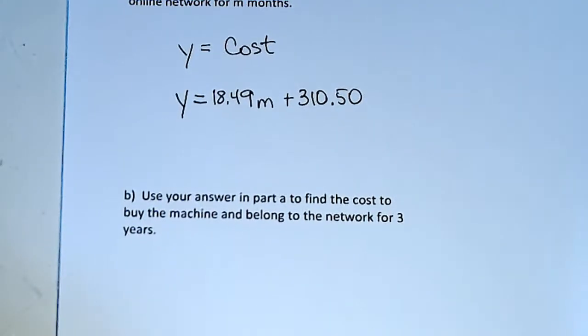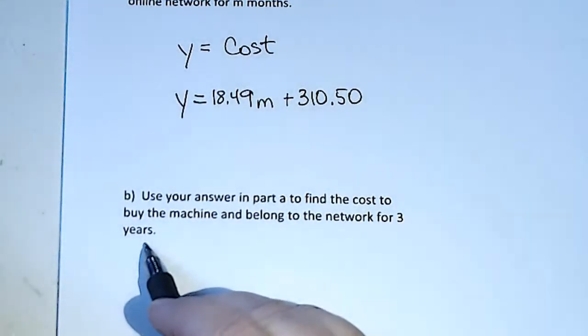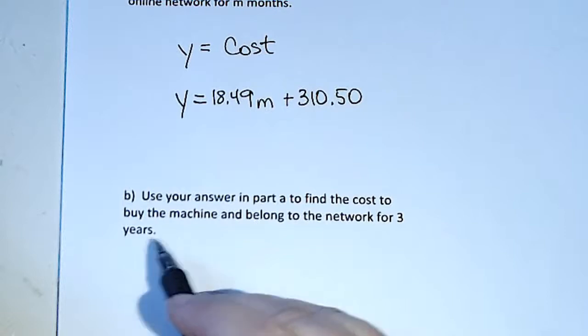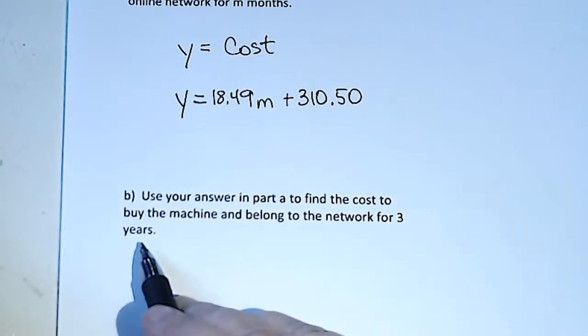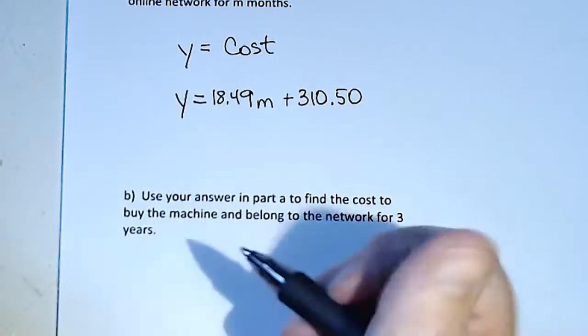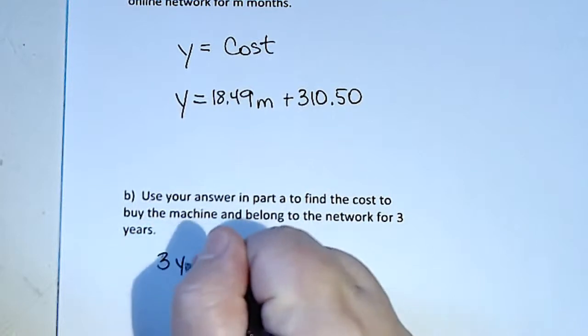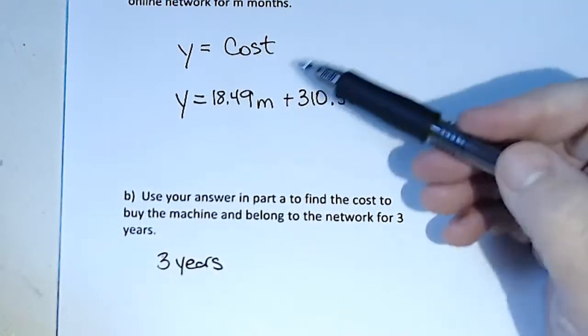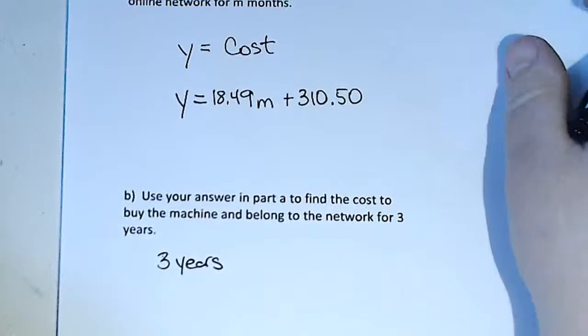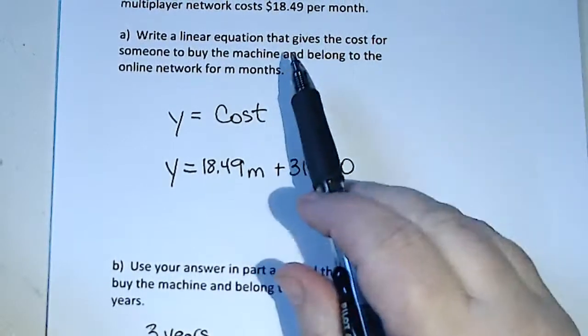Use your answer in part A to find the cost to buy the machine and belong to the network for 3 years. Notice, sneaky, mean, tricksy. Math is so tricksy. 3 is the number of years. But notice that M is in months.